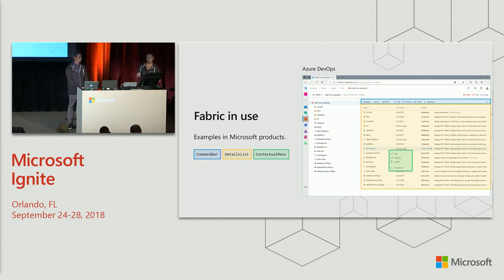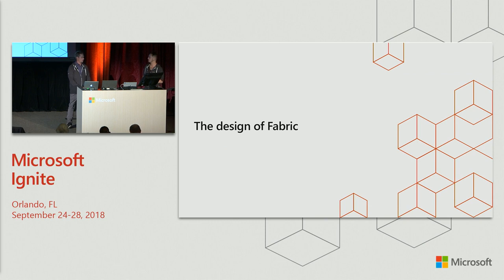And so with that, I'm now going to hand it over to Adam, who's going to talk about the design of Fabric. Thanks, Peter. So now that we've looked at what's available in Fabric, and gotten a better understanding of how we use Fabric at Microsoft to help our products look and feel more cohesive, we'll look a little bit deeper into the design of Fabric. We'll share some Fabric toolkits and other design resources.